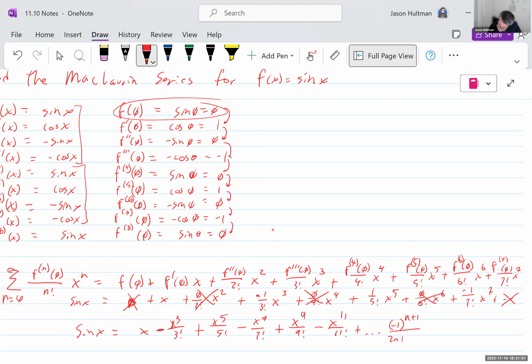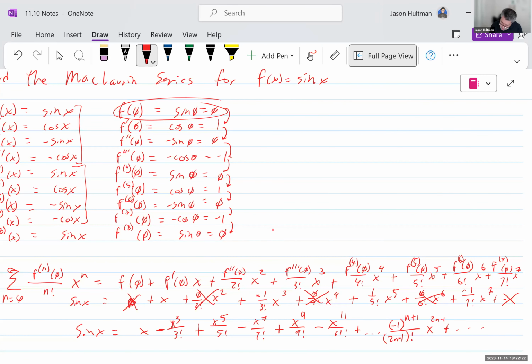I'd have to do minus 1 in this one if I want to start with 1. 2n minus 1 factorial, x to the 2n minus 1. Okay, that would be my nth term. And then it just goes on forever.